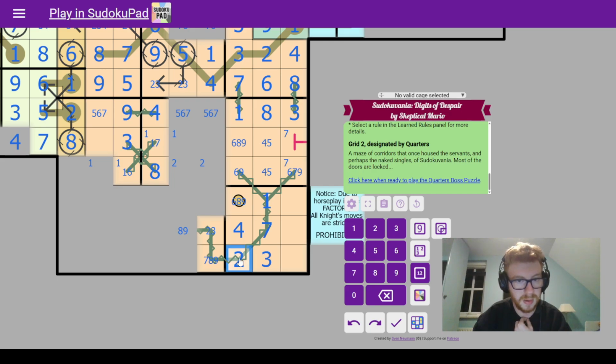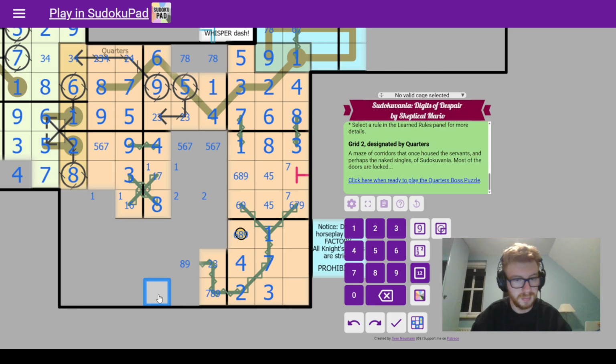So I found this 2. So those cannot be 2. Naked single? Because I know that set is 2, 3, 4. There could be 5, not 6, not 8 or 9.